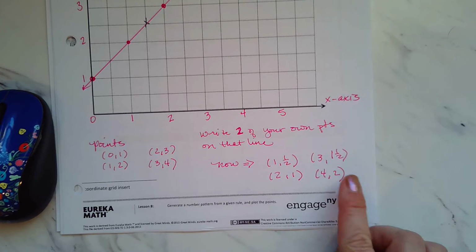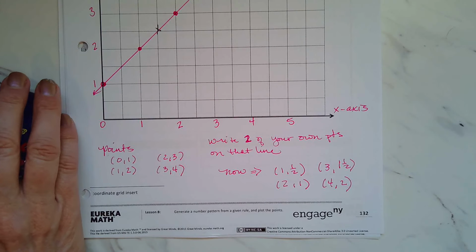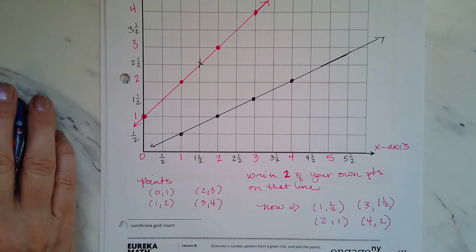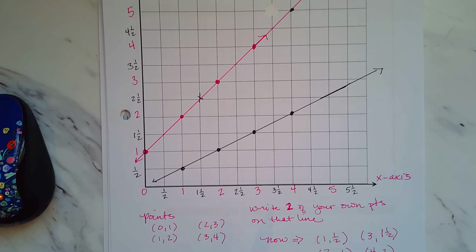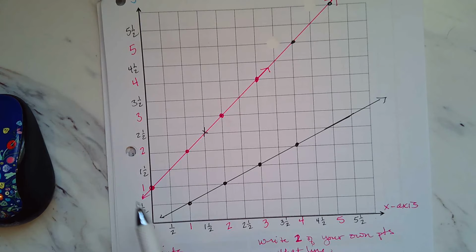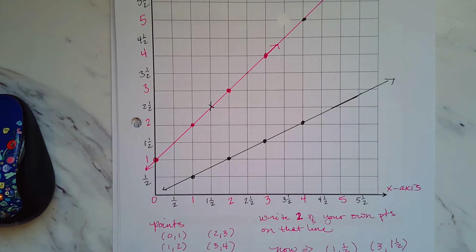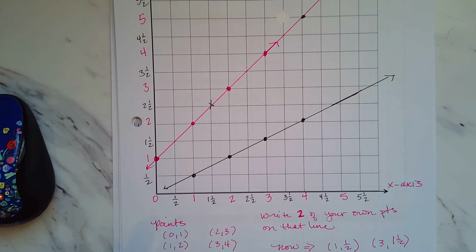And then I want you to plot these points. All right, is this what you ended up with? Did you label your intervals by halves? And were you able to plot the points and connect the dots? All right, that is going to be it for this part.